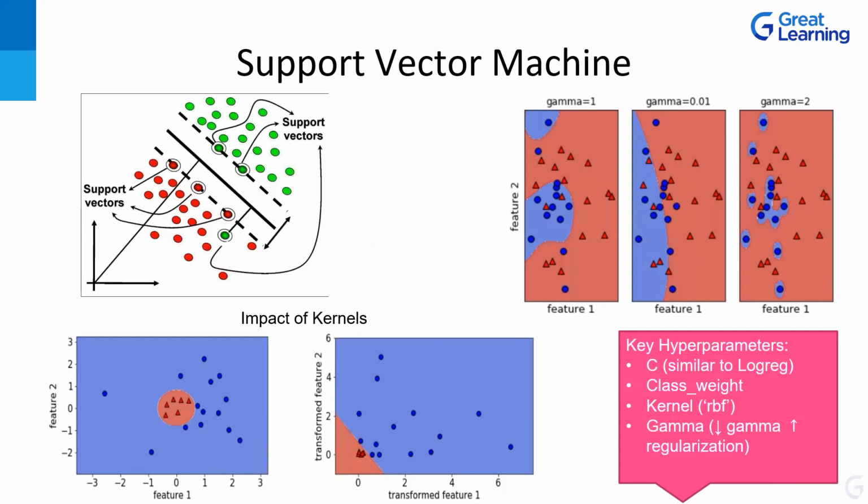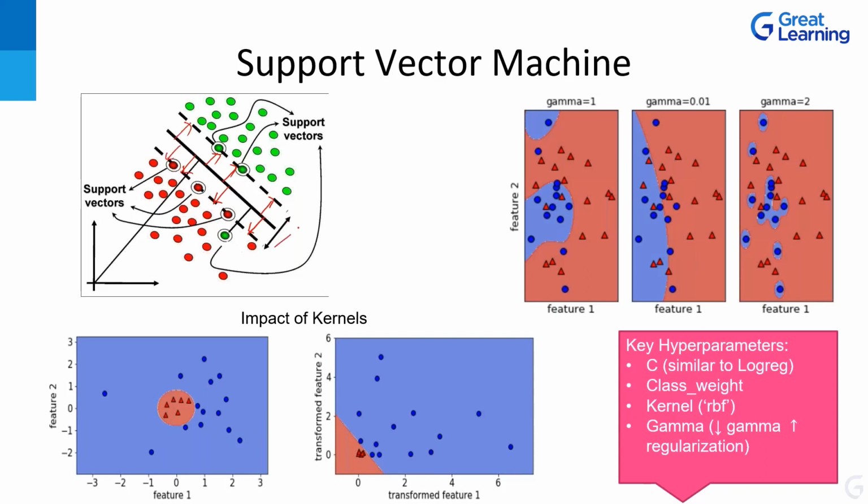If we talk about the linear version of the support vector machine model, it's very similar to logistic regression, and the main difference is that it tries to maximize the distance between the two classes that it is encountering.